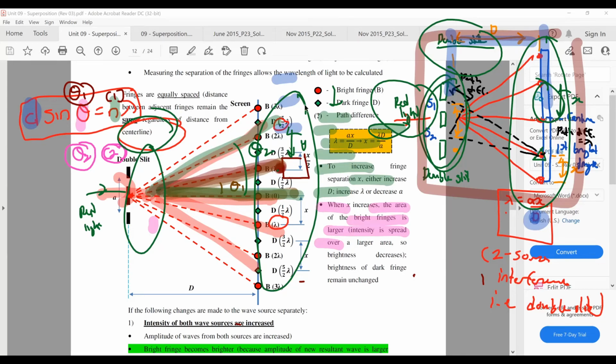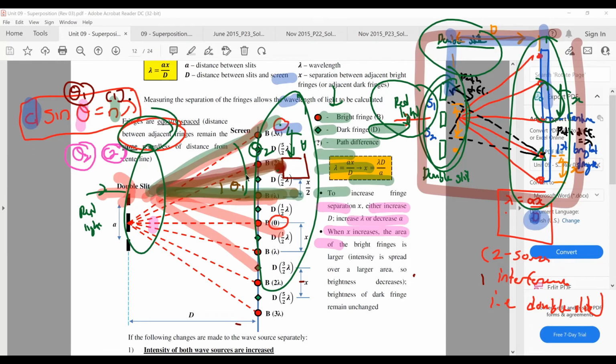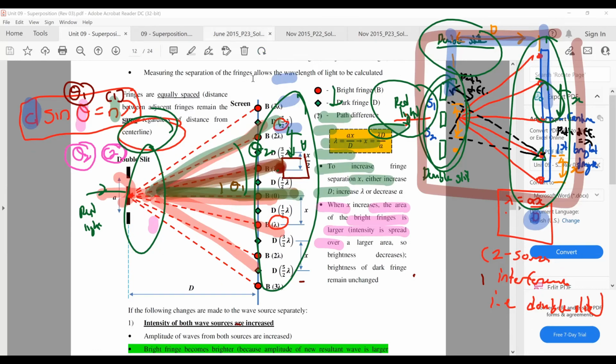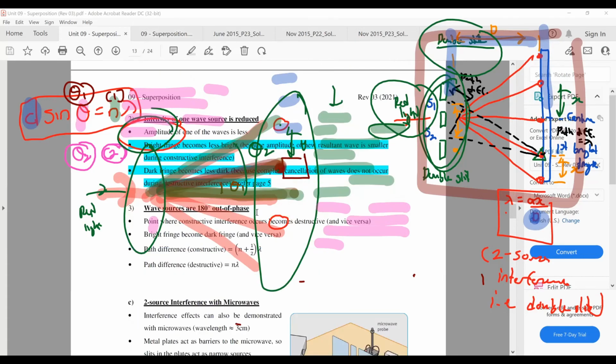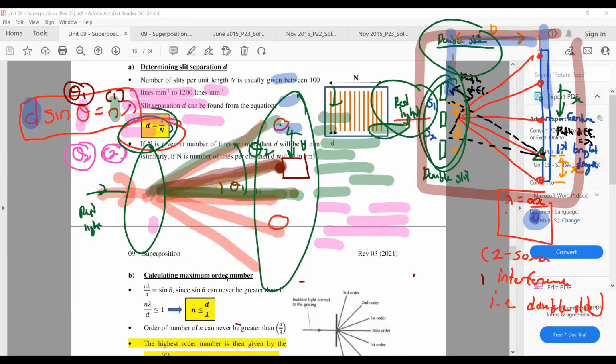Under page 12, there was a summary of the double slits. I told you the fringes are equally spaced. The distance between adjacent fringes remains the same regardless of distance from the center line. So if you go further away from your center line, the distance between the fringes does not change.